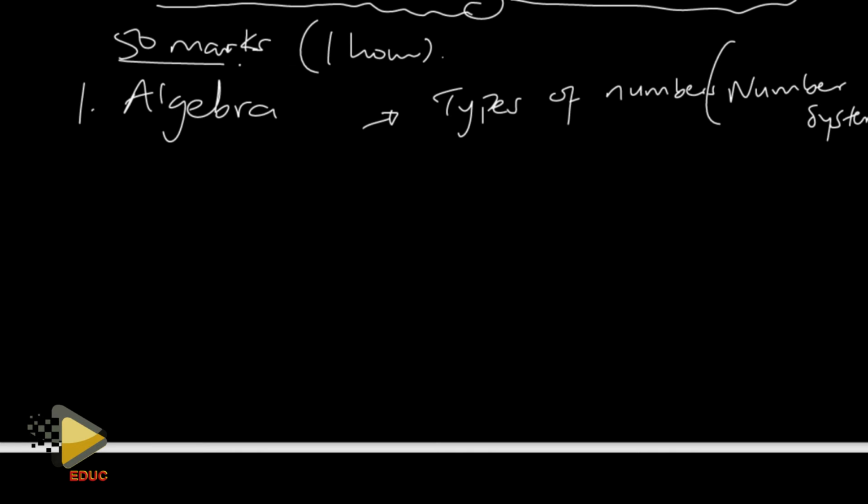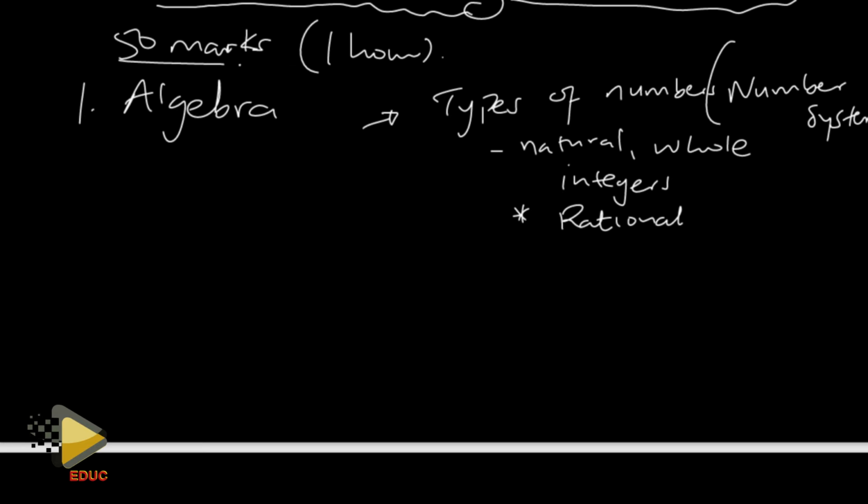Under this, we have the natural numbers, the whole numbers, and the integers, but in grade 10, we are more interested in the rational numbers as well as the irrational numbers. Then how we represent these numbers and what constitutes them.